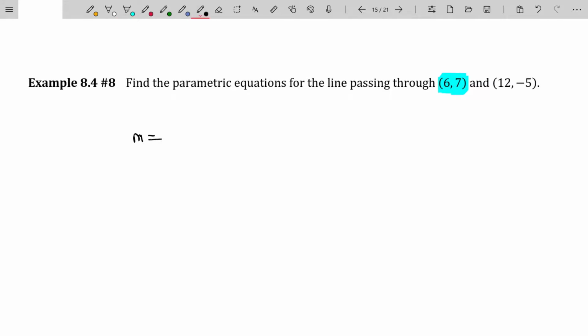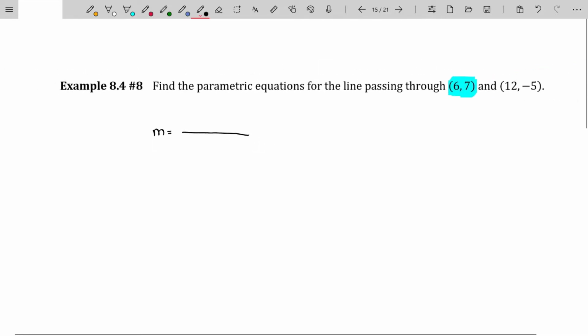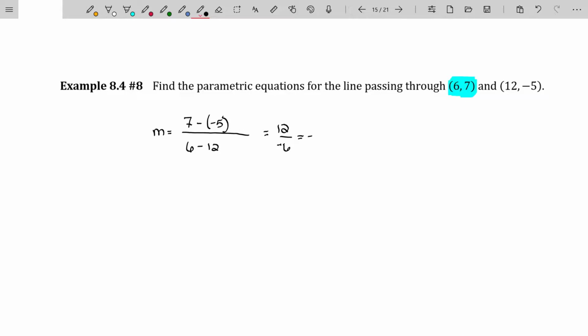Slope is just going to be the difference in y values. The y values are 7 and -5, so 7 minus -5, divided by the difference in x values, 6 minus 12. And that will be 12 over -6 or -2.